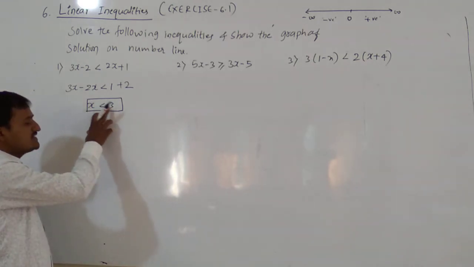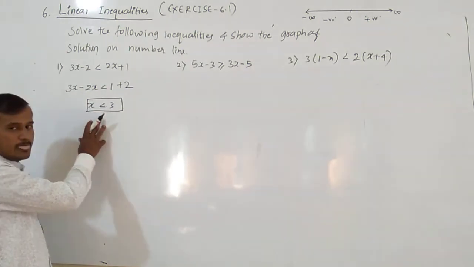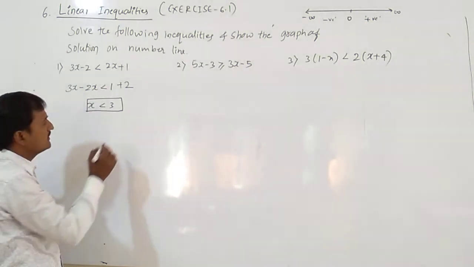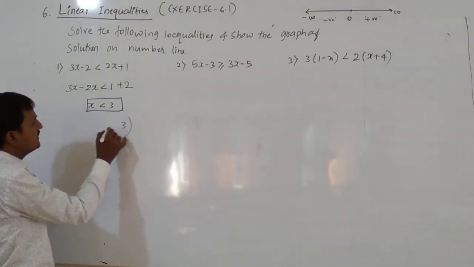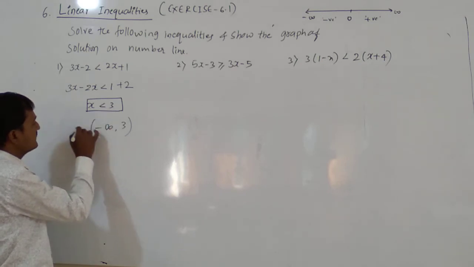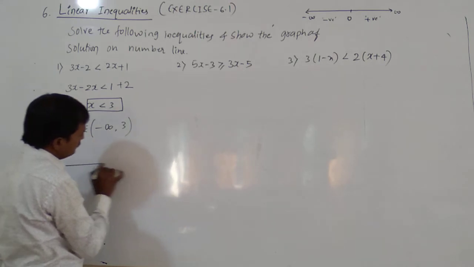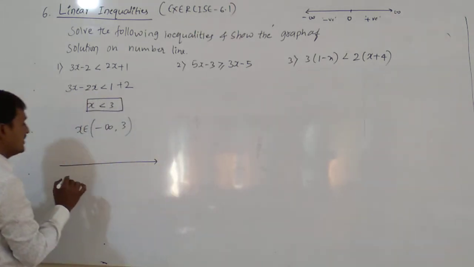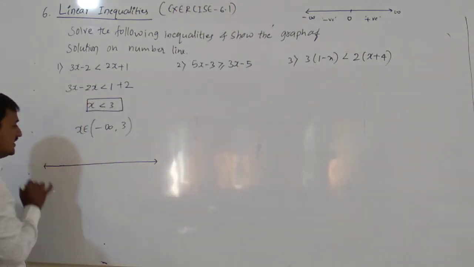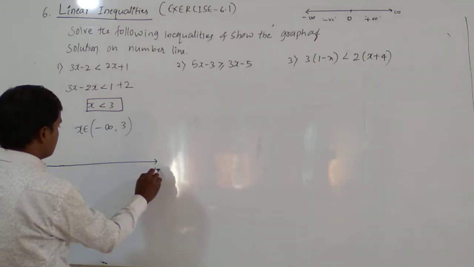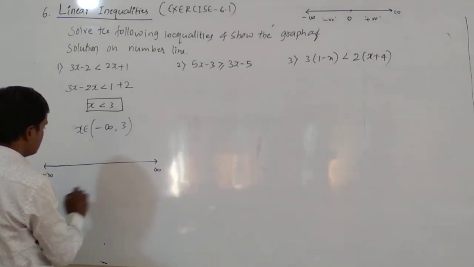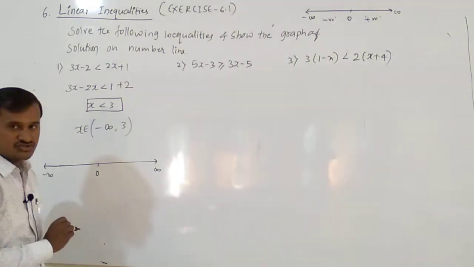X is less than 3. If x is a real number, in this case we will write the interval like this: x belongs to this one. The same we have to show on a number line, right? So here it is plus infinity, and here it is minus infinity, and here it is 0.